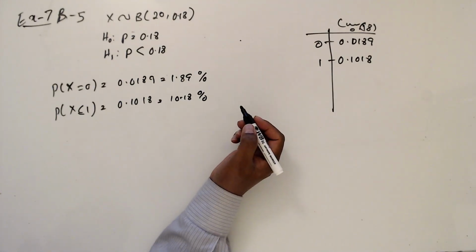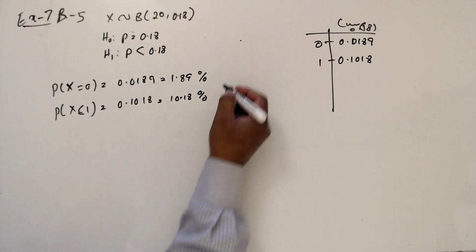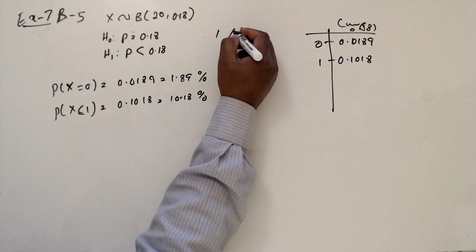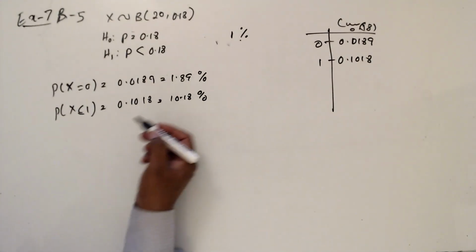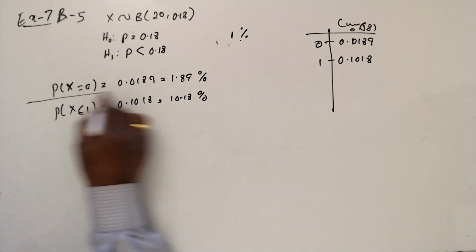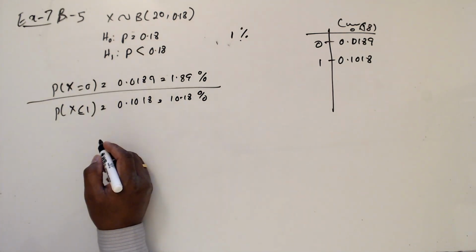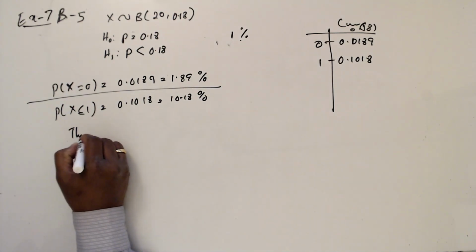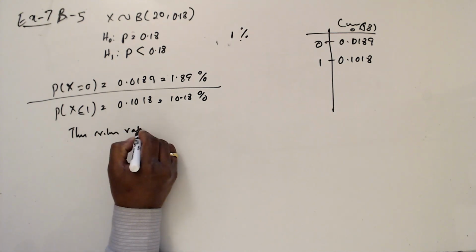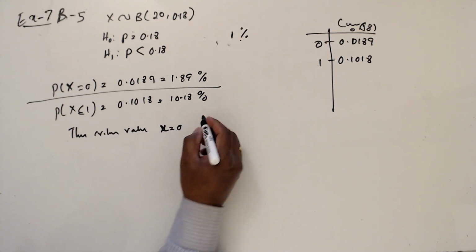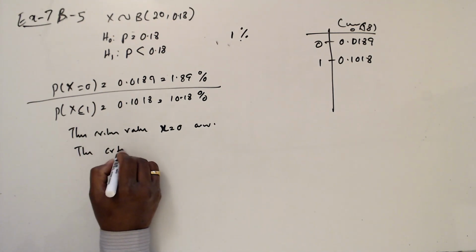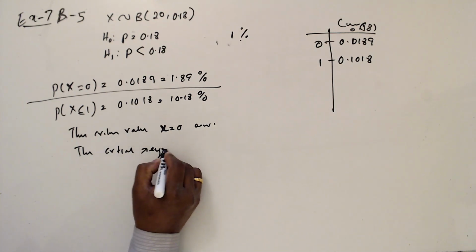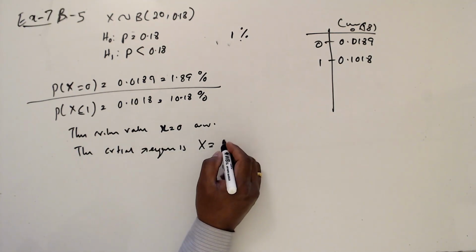So the significance level is 1%, and then the possible critical value is x equal to 0, and the critical region is x equals 0.